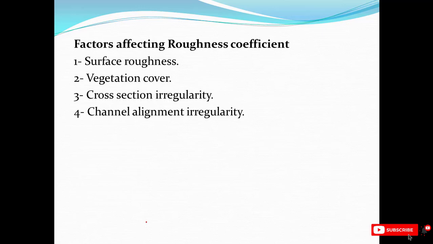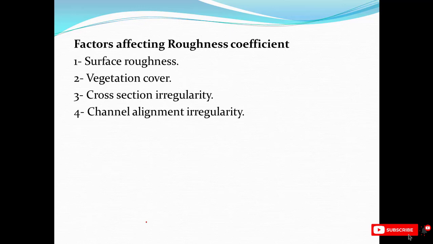Factors affecting the roughness coefficient. We have some factors that affect the Manning roughness coefficient value, which is n. First, surface roughness: whether the surface is concrete, tile, brick, soil, or any other material. We have a special table where we can find the Manning roughness coefficient n.